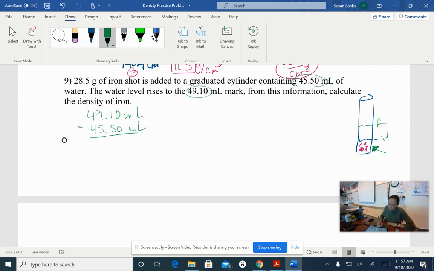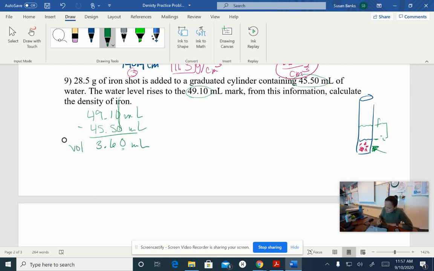So if I do that, 0, 6, that will give me 3.60 mils. And yes, that 0 is significant. Notice our measurements go to the hundredths. So this measurement also needs to go to the hundredths. So that is our volume.